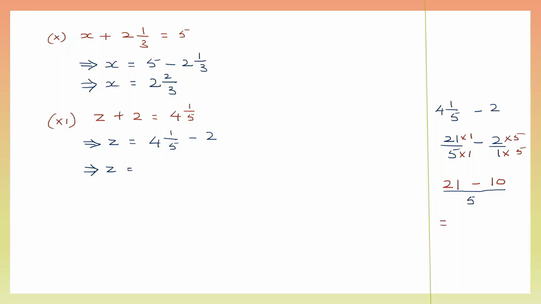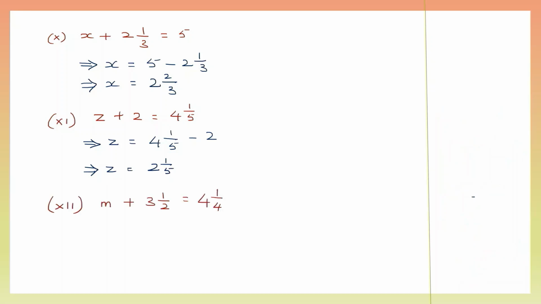So here we have 21 minus 10, which is 11. 11 by 5. Let's convert that to a mixed number. Divide 11 by 5. 5 2s are 10, minus 1. So what do we get? 2 1 by 5. So we have found the value of z to be 2 1 by 5.